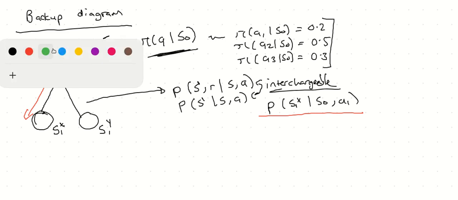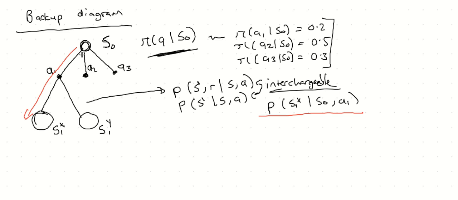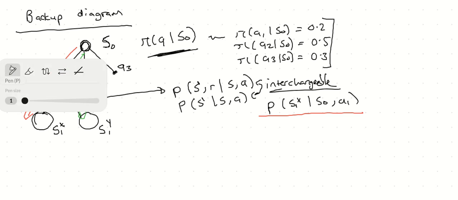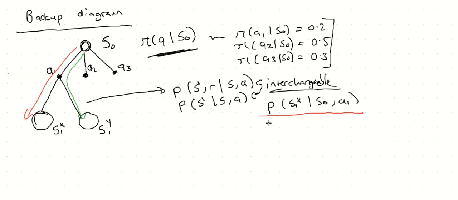And the other chain of events, the one going down there, is essentially the probability of ending up in S1y given that you are in S0 and you take action A1. So we have these two probabilities that are essentially represented here.